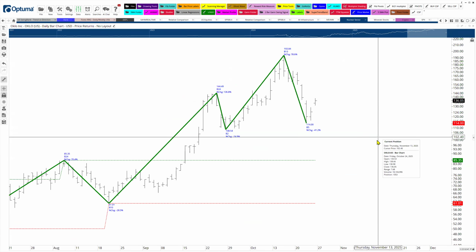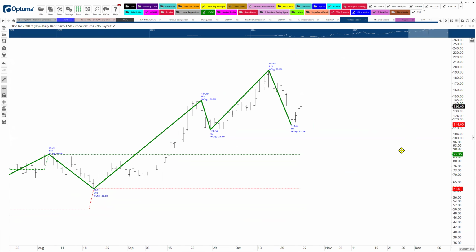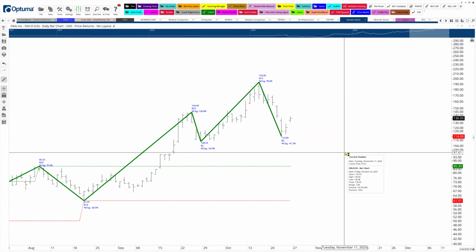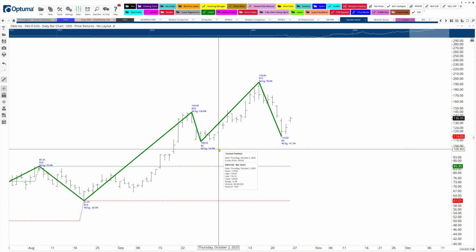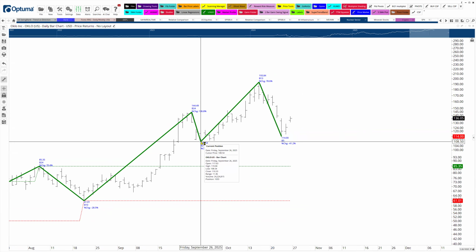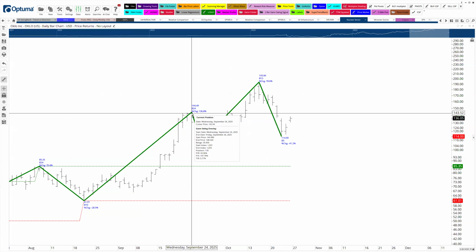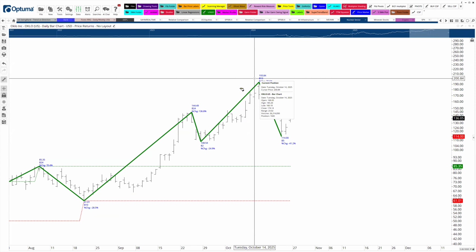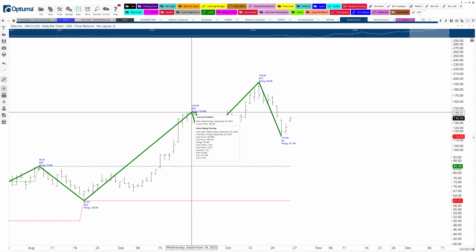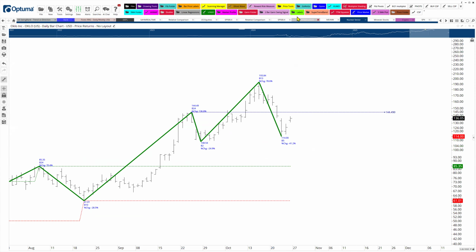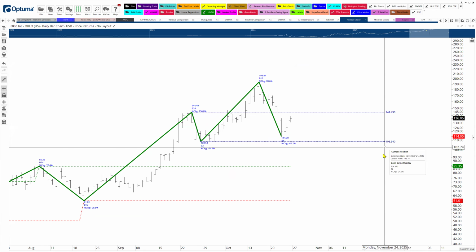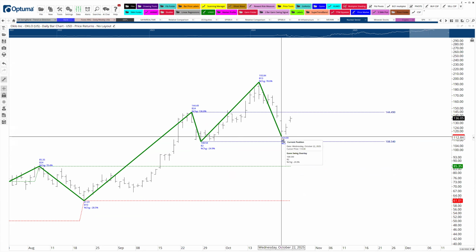Let's see. Stock is, the rotation is rotating out. Okay. We have a support at 108.54. The low is 114. This is going to be the resistance here to the upside. We have a support here, and that's the low we just recently put on.